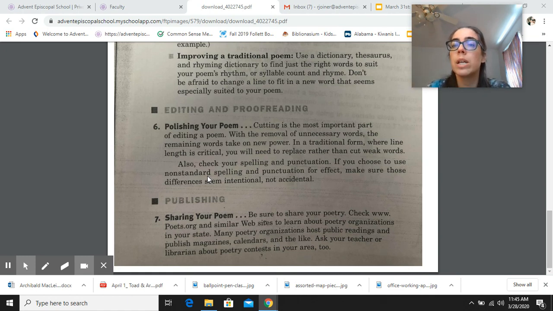You have to understand that you're putting it out there for a reader to read, which we're doing in this class. We want criticism. We want someone to say, you know what, I don't get that. I need you to change that so I understand what you're trying to say.